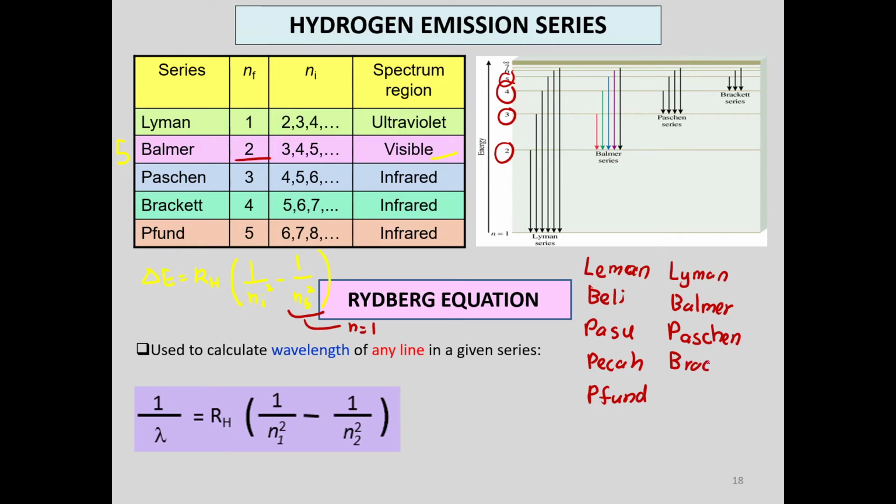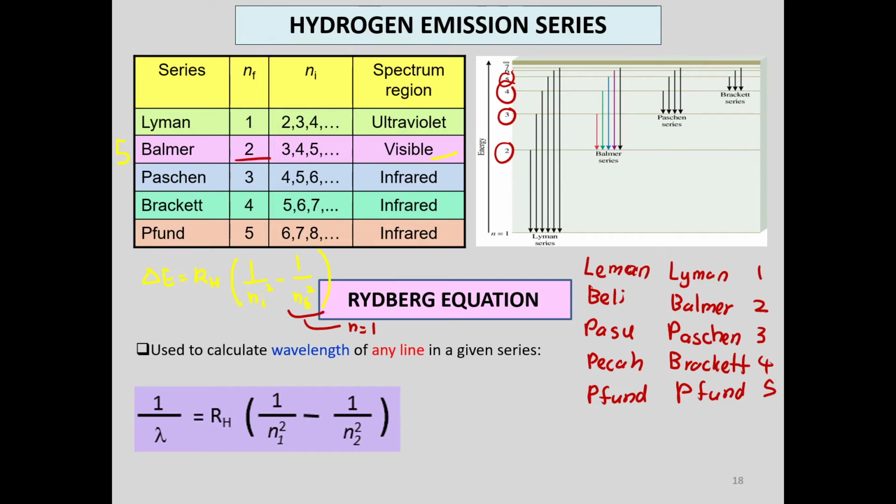Okay, Brackett. So Brackett ni yang banyak orang salah, jangan tulis bracket macam bracket biasa, BRACKETT, and last kali Pfund. So Lyman, beli, pasu, pecah, and then dia refund. So Lyman, Nf dia is 1, 2, 3, 4, 5. Itu cara untuk ingat dia.